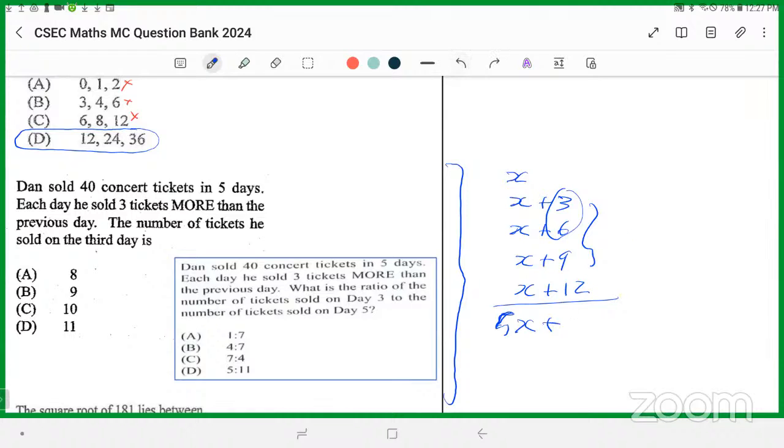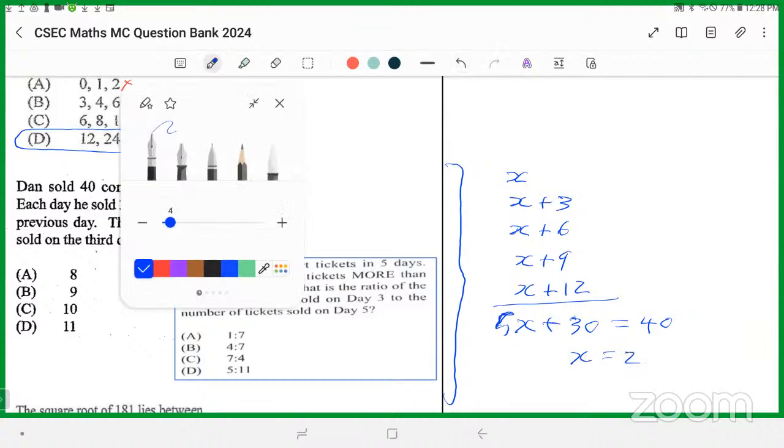This is 30, and that equals 40 tickets. So based on that, X equals how much? X equals 2, right? Let's subtract the 30 first, you get 10 and divide by 5. So X equals 2.